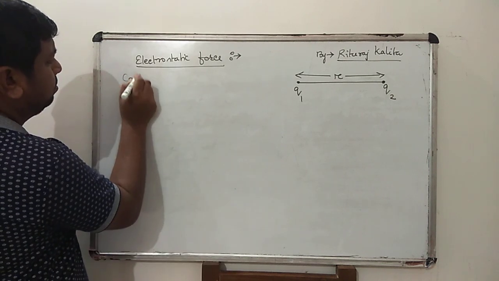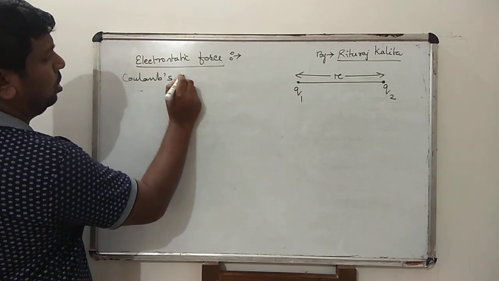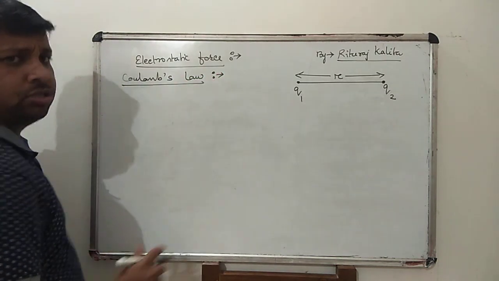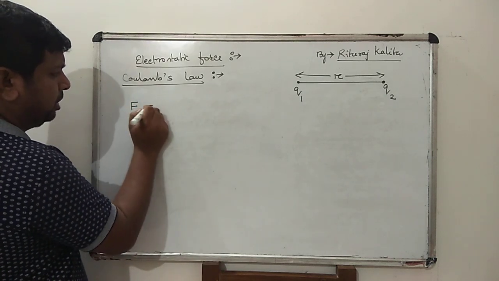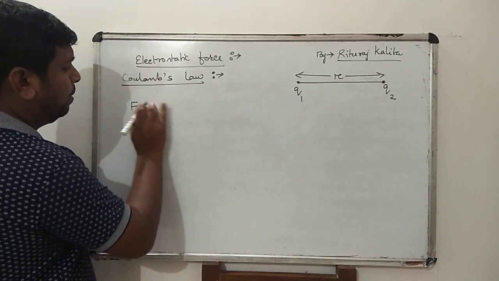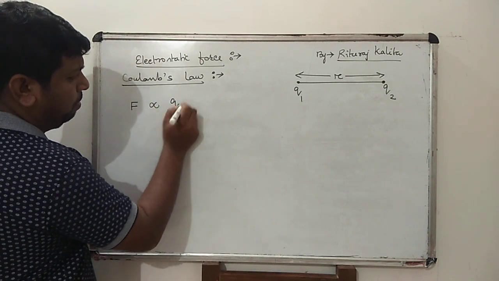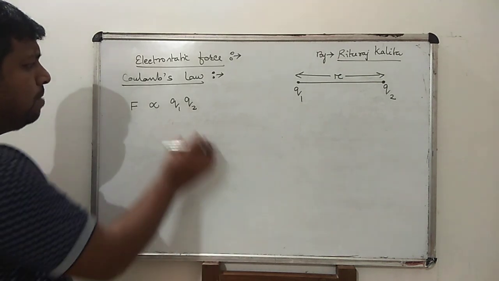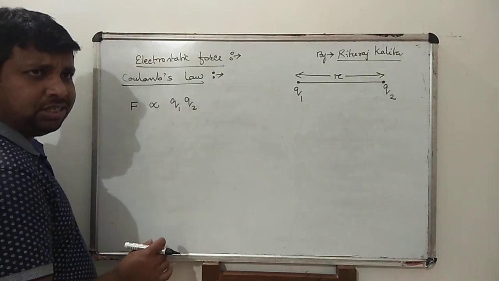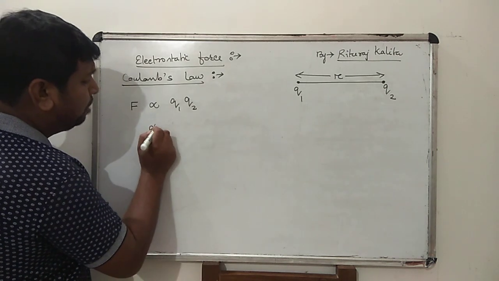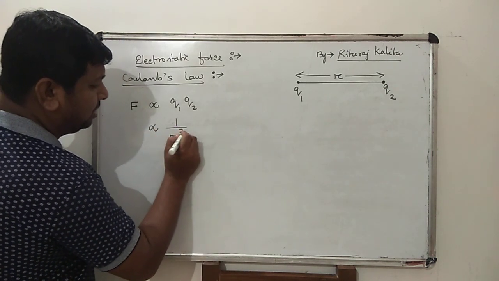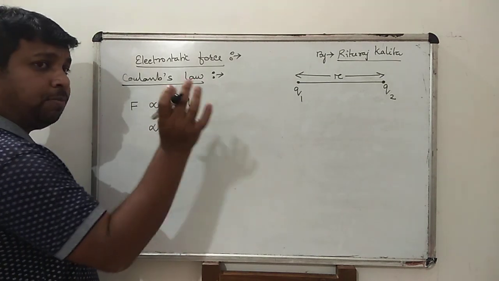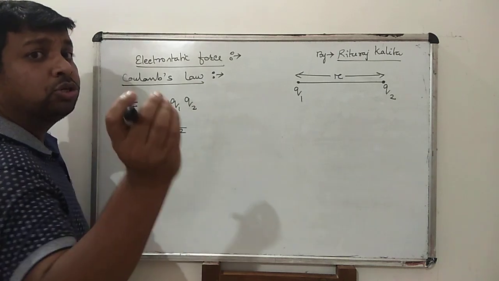Coulomb's law: the electrostatic force F between them is directly proportional to the product of the magnitudes of the charges and inversely proportional to the square of the distance.